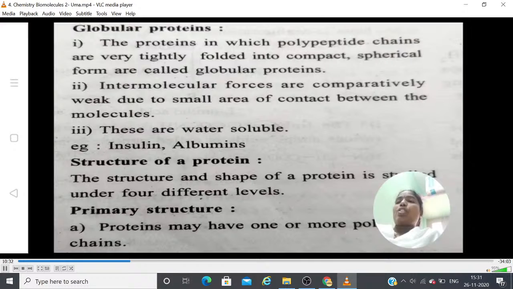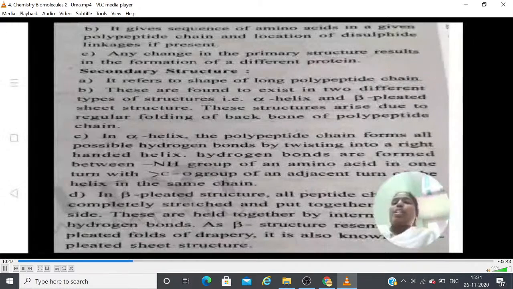In primary structure, proteins may have one or more polypeptide chains. Second point, it gives the sequence of amino acids in a given polypeptide chain and the location of disulfide linkage, if present.